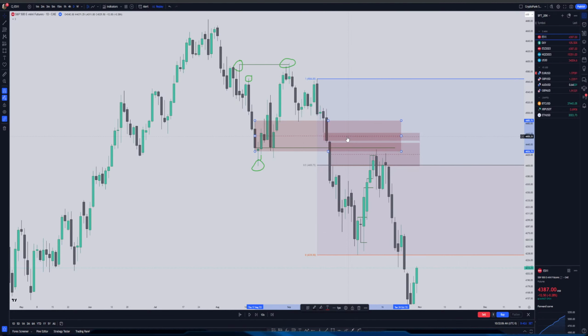Now why I'm not expecting price to go that much higher? If it went, yes, it still could be a better option, but the entire block here is your bearish breaker block.